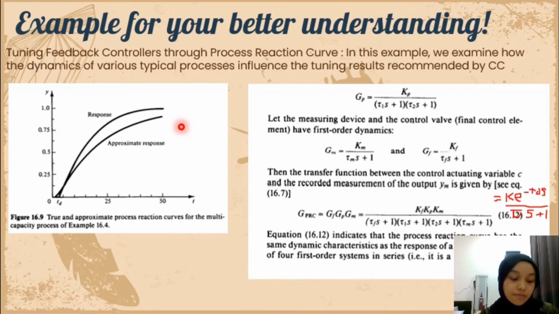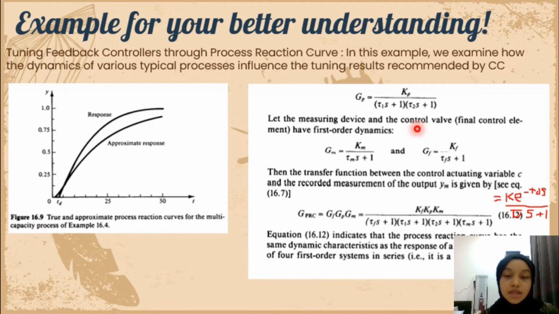So the GP is considered as two first order system in series, as you can see here, and the GM and GF is the first order dynamic of measuring device and the control valve.